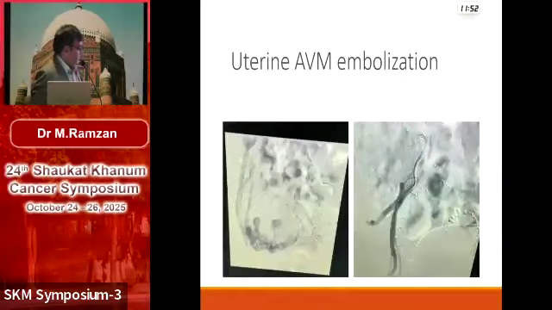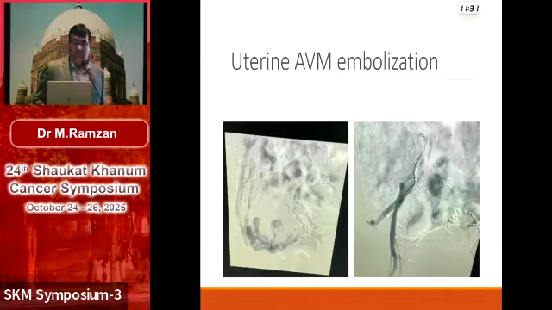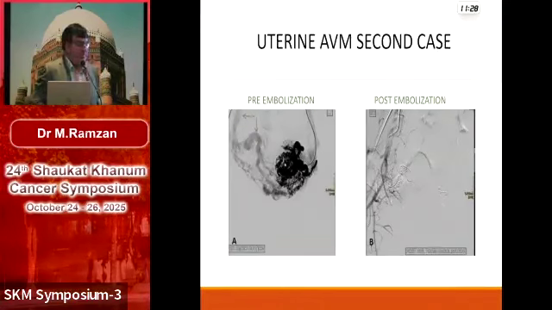You can see this is an arteriogram, and you can see how this AVM looks, and I have embolized it with the glue. You can see on the other side, it was supplied from the other side, and all this glue went into the artery. The patient had a pregnancy after 6 months to a year, and she is doing fine. There's another example of a typical AVM and embolization of AVM. This is uterine artery embolization for AVMs.